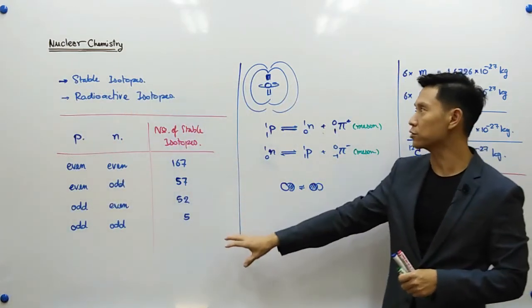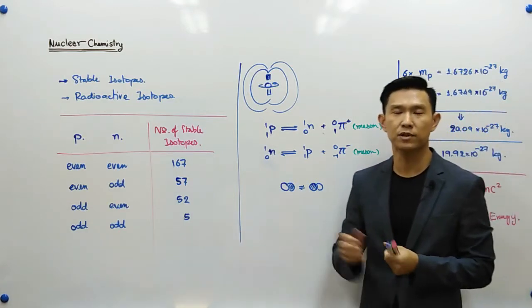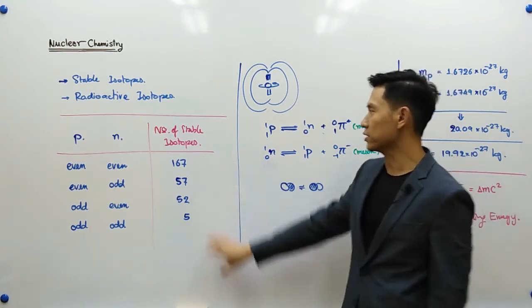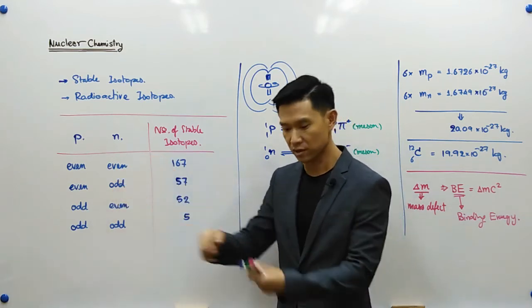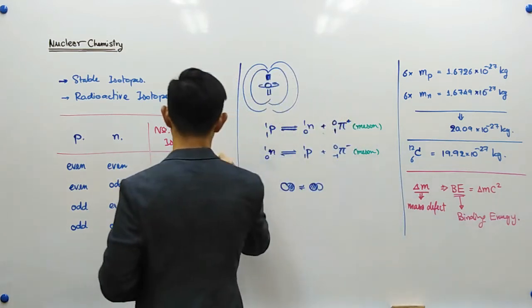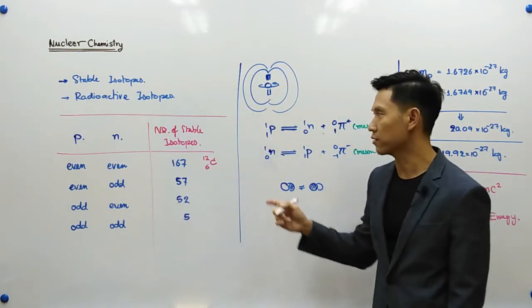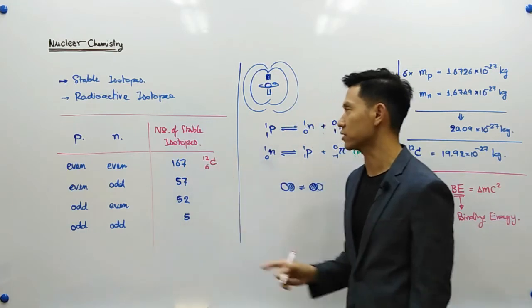So as you can see, odd and even numbers are very important. This is a clue that there is some kind of pairing up between protons and neutrons, right? Examples of these are so many. For even numbers of protons and neutrons, carbon 12 is a stable isotope, right? You have an even number of protons, even number of neutrons, 6 and 6, okay?